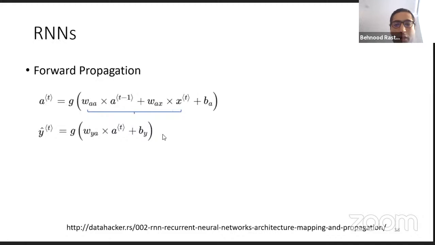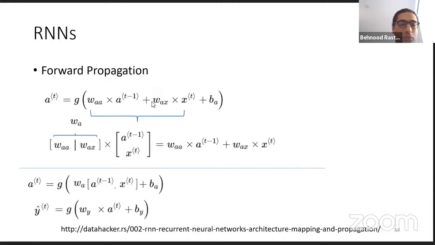So these equations basically govern the architecture that I earlier showed. And we can further simplify this equation using matrix form and only use one variable for the weights.